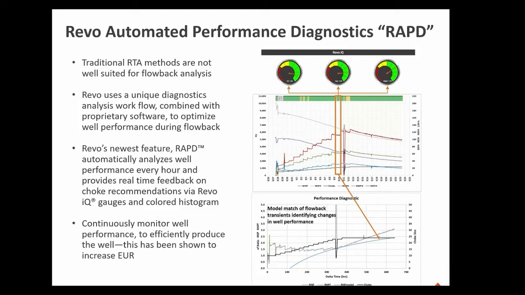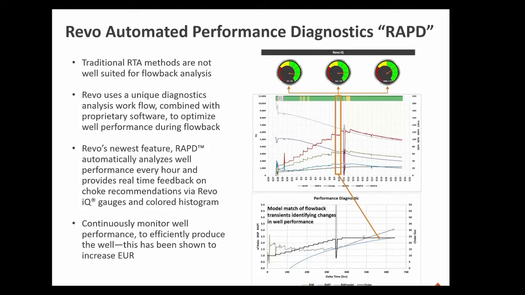Also, this continuously will monitor well performance, and when you do that, you can efficiently produce the well. And you can see basically what we've got here down at the bottom, you can see the model line that's being fit to the data. Well, what Rapid does is it fits it every hour and it compares the differences in the model outputs.